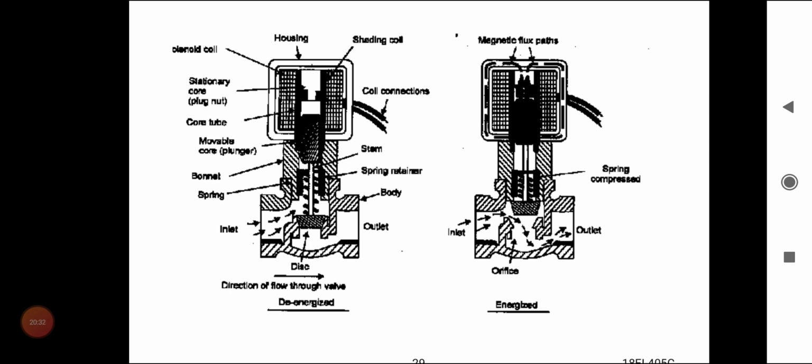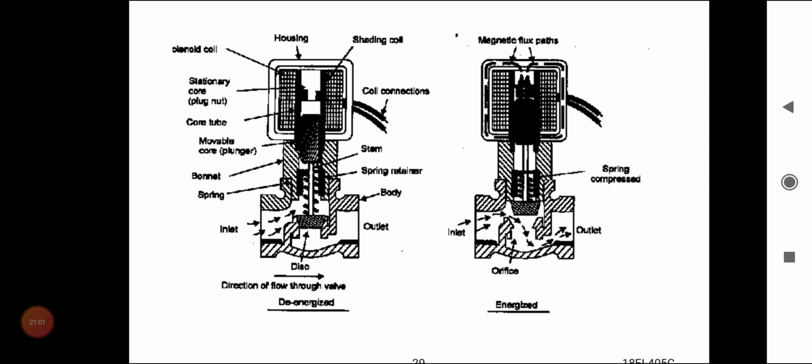So the pipeline inlet and outlet is controlled by using the single seat plug valves, which are operated with the solenoidal valve. When the coil is energized, the orifice opens, as we can see in the slide.